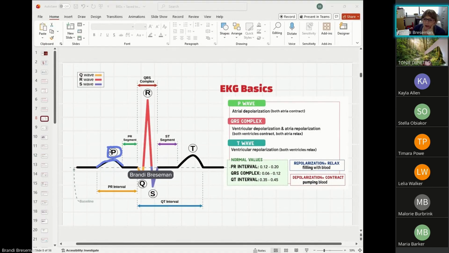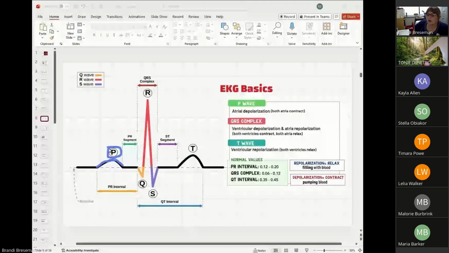Our P wave is our atrial depolarization. Depolarization is a contraction. So this is where our atria contract. The P wave is our atria contracting.